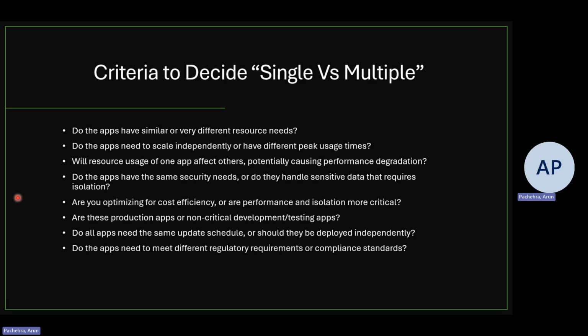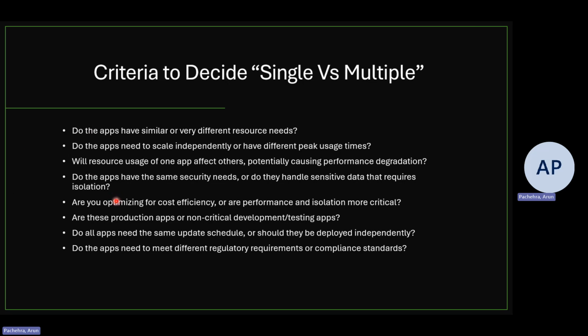While it increases cost, it ensures that each application gets the resources and isolation it needs to fulfill its job, whether it's compliance, regulation, or user experience for the customer. So production will usually go with multiple plans, not a single plan with a single app, let's say that way.